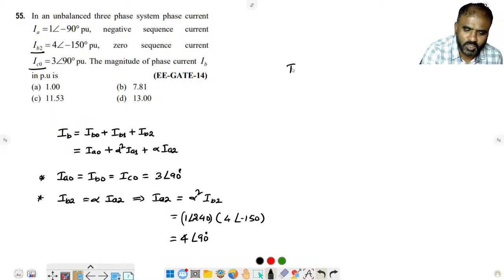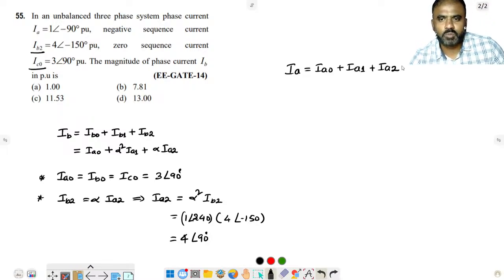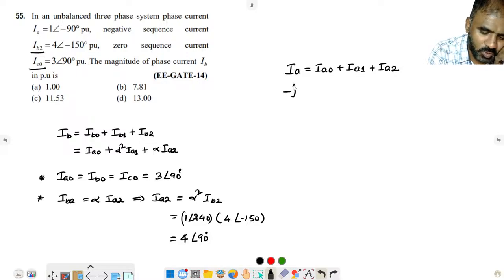Now tell me what is the formula for IA? IA0 plus IA1 plus IA2, right? Now let's substitute here. IA is given 1 at an angle minus 90, which means minus j1. IA naught we got 3 at an angle 90, means j3.